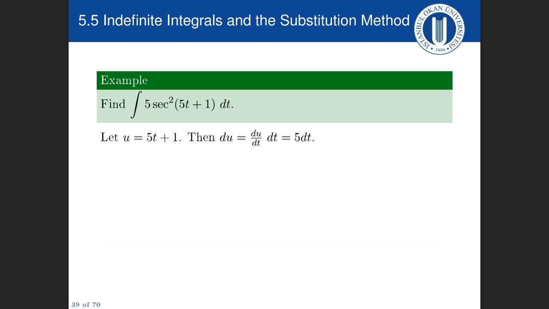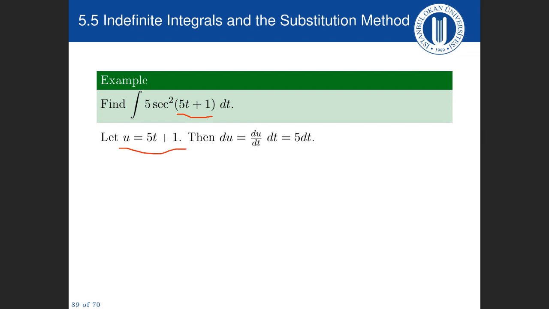Let's do another example. Find the integral of 5 sec squared of 5t plus 1 dt. Well, first thing to do is to look at our integrand and decide which function we are going to choose for u. And I see I have a 5t plus 1 here.